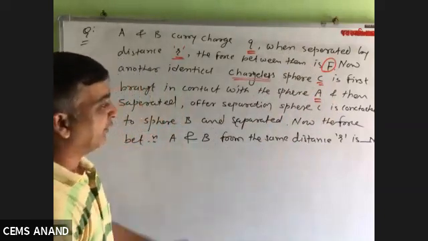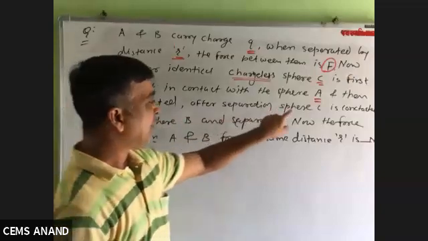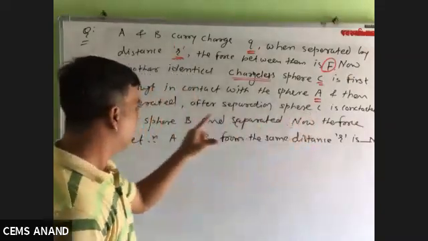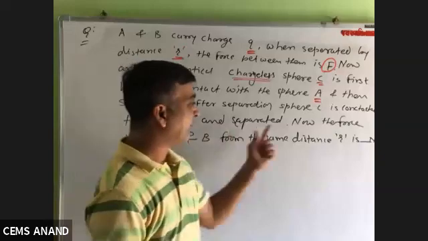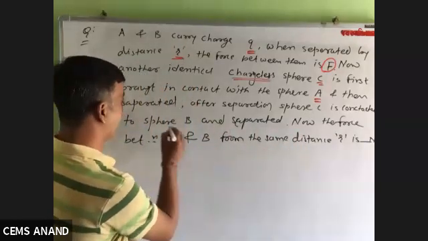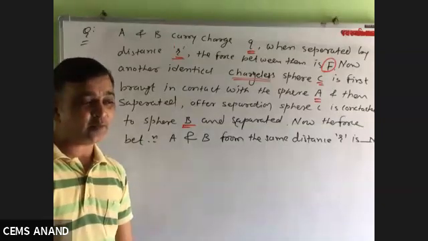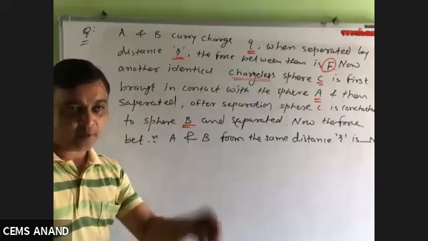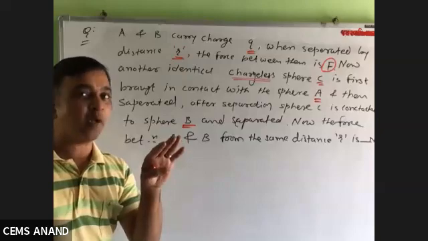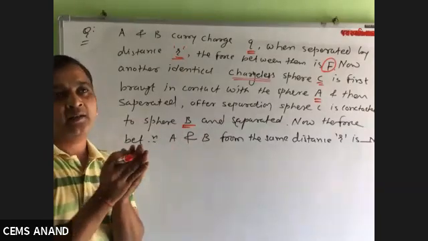Agreed? Okay. Now what happened? The sphere C, after that separation, is allowed to contact the sphere B. What is the amount of charge on B? Q. What is the charge on C? Now Q by 2. And they are connected.